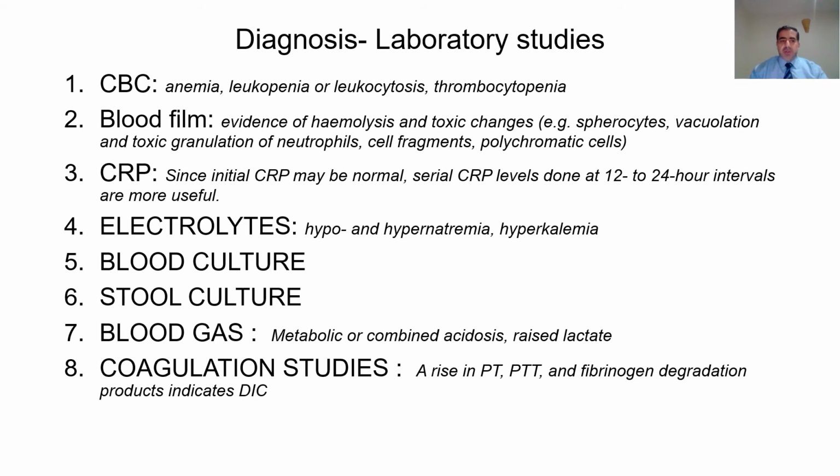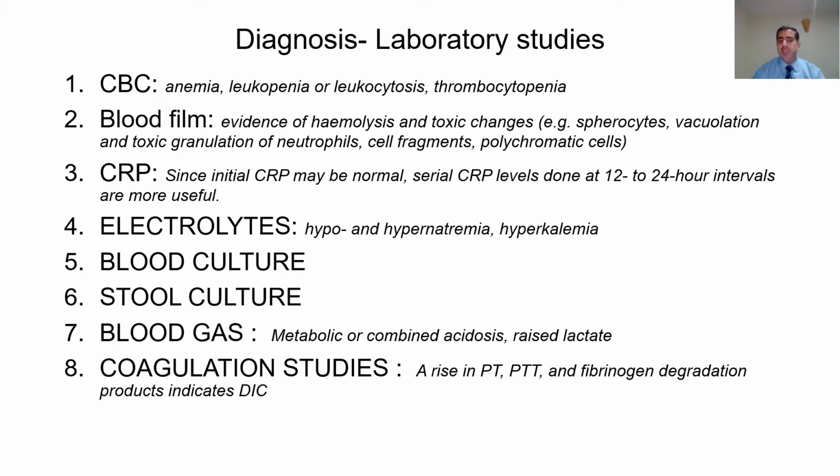Now, how to confirm the diagnosis of necrotizing enterocolitis, or what are the laboratory studies that suggest that this baby is having necrotizing enterocolitis? This is a very important slide, and it aims to remind you about the laboratory findings in case of NEC. CBC might show anemia, leukopenia or leukocytosis, and thrombocytopenia.